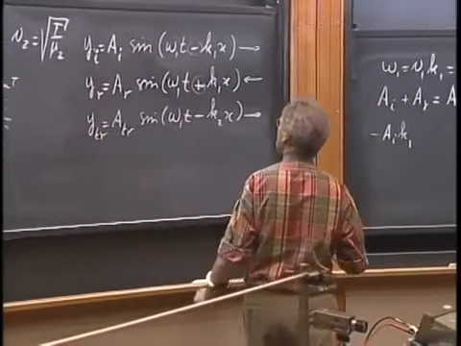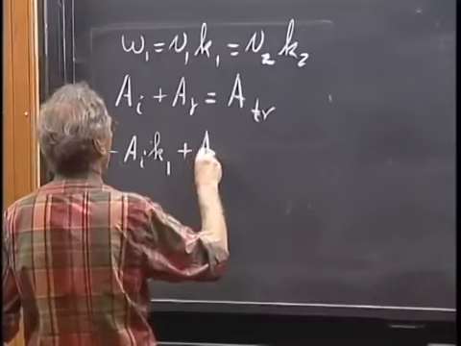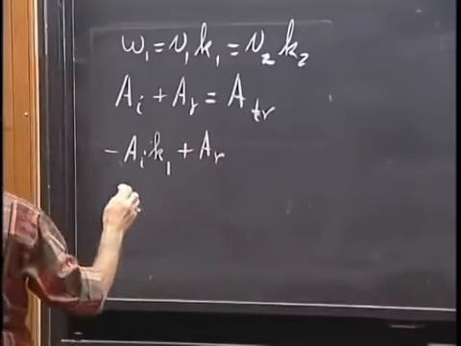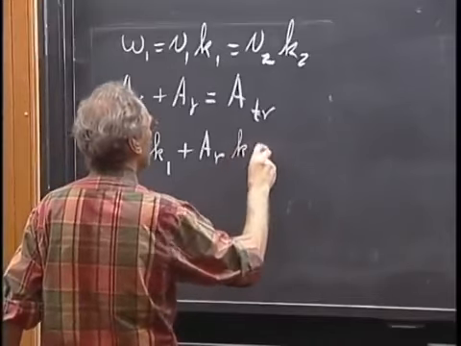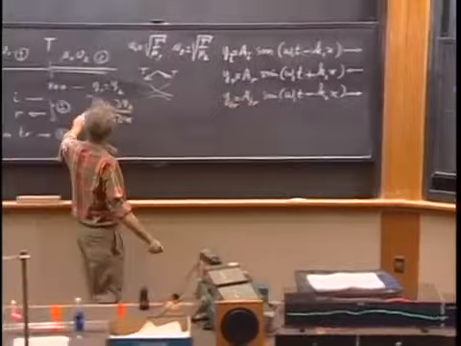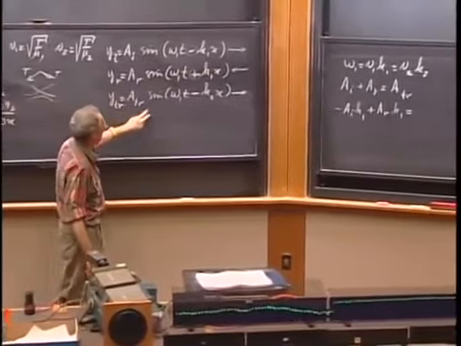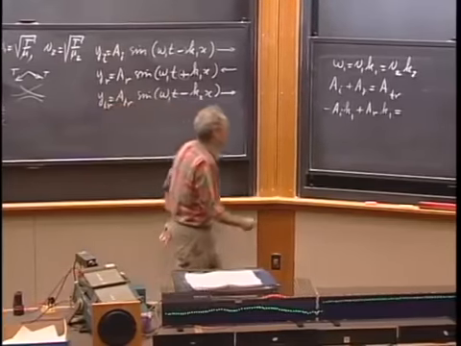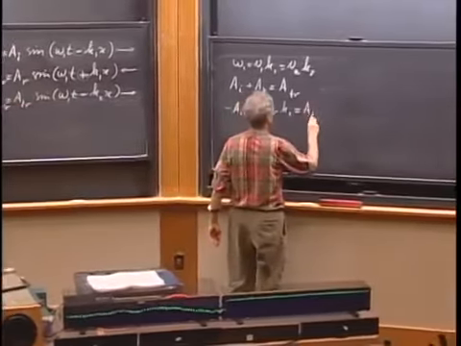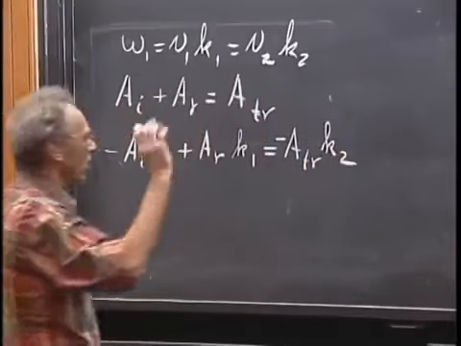My next one gives me plus A_r times k1. This is the left side, my dy1/dx, and my dy2/dx in my second medium gives me A_t times minus k2, and I dump the cosine.